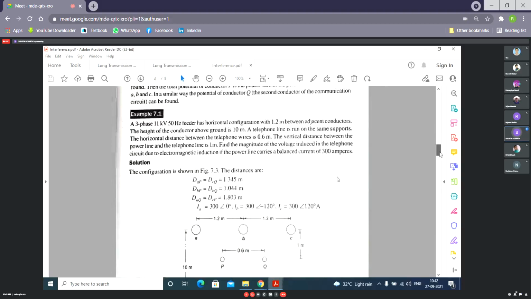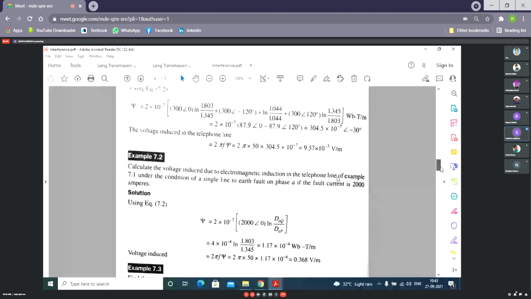Take that current and find out the voltage, because due to other currents the voltage will be very small. So we use this value. You can find out this one and two. Under normal condition it is negligible, but under the fault condition it assumes a sufficient value.